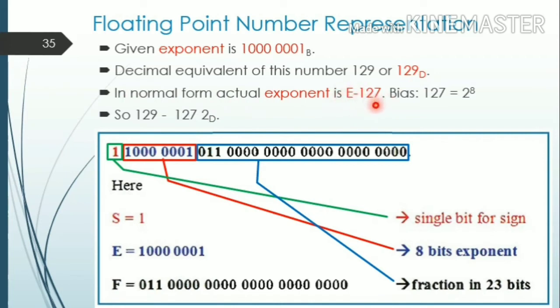We have already learned this in the tables, that 8 bits, minus 1, comes to 127. So 129 minus 127 is equivalent to 2D, which means 2 in decimal. Here again this tabular form is given the same. You just check it out.